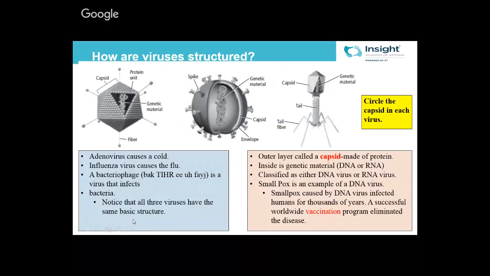There are some different types of viruses. We have the adenovirus, and it causes a cold. We have the influenza virus. It causes the flu. A bacteriophage is a virus that infects bacteria. But notice that all three viruses have the same basic structure. They have that genetic material in the inner core, and they have a capsid that protects that genetic material.